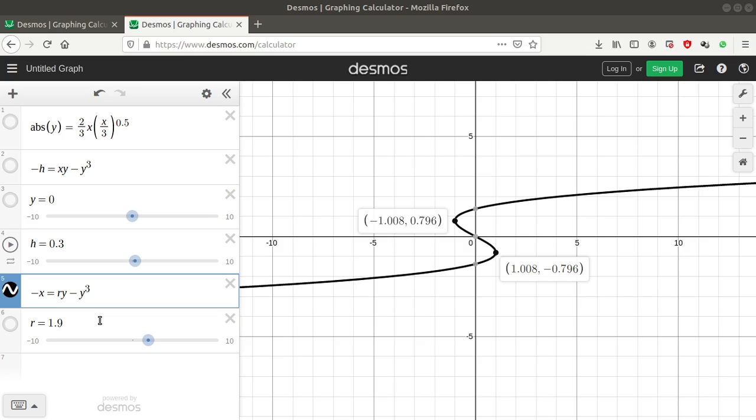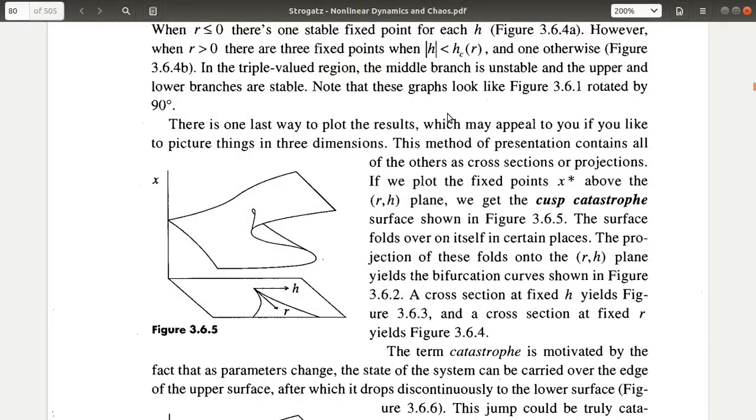If I have to plot x as a function of both h and r, I will have to plot it in 3D, and I will get a 3D surface, which looks in the following manner. Each point on the surface represents, for that particular r and h value, what my x value is.